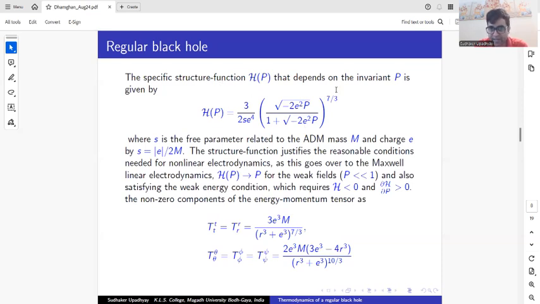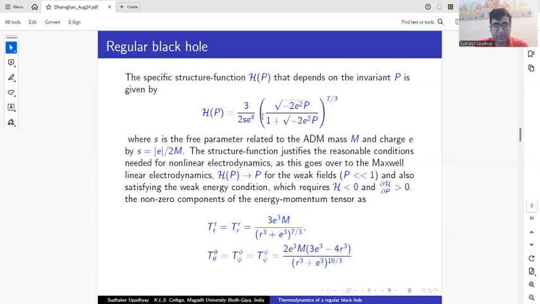You can see this is linear, this is nonlinear, and the choice of this expression is done by keeping in mind that it goes well over the Maxwell electrodynamics for the weak field limit, and this satisfies the weak energy condition as well when required.